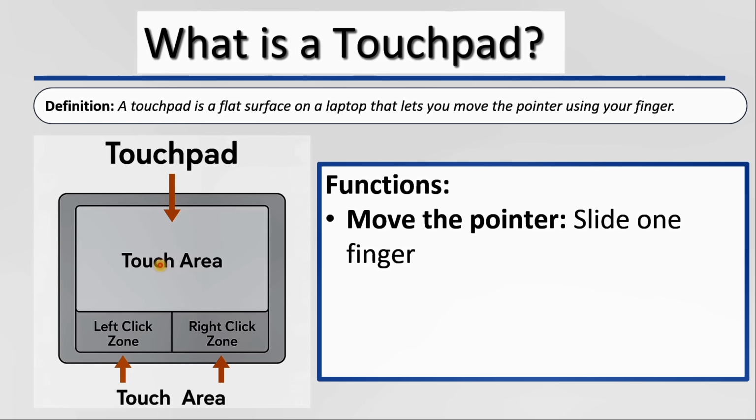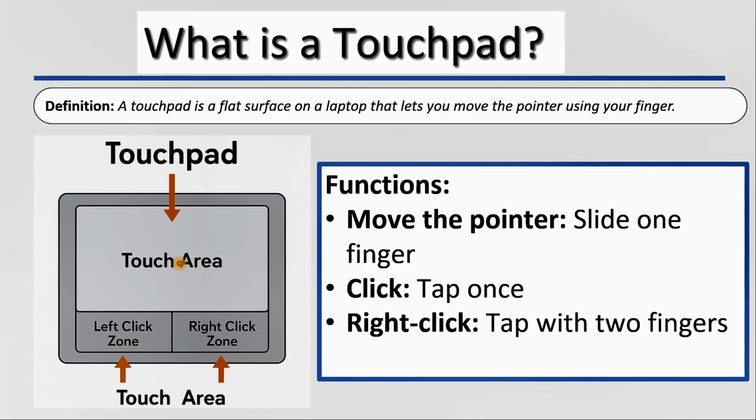The second function of the touchpad is we use the touchpad to click. You will get me soon. To click something on the laptop's touchpad, you just tap once on the touchpad. Only once on the touchpad area, this area up here. It's like giving the computer a small yes.